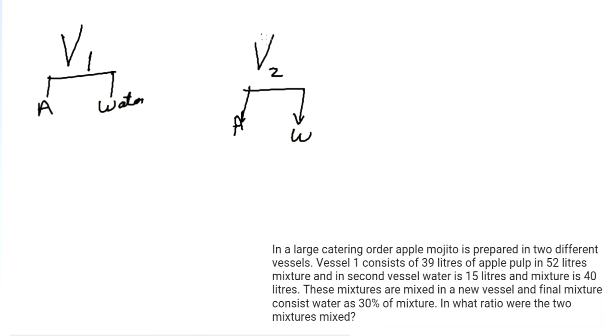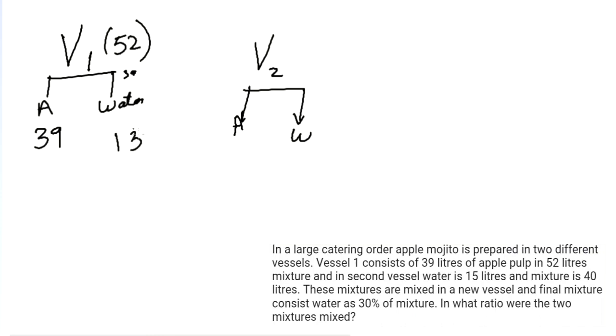So now we know volume 1 apple pulp has 39 liters, right? And the total was 52 liters. So water will be 52 minus 39. How much will you get? It will become 13, right? 52 minus 39 will be 13.